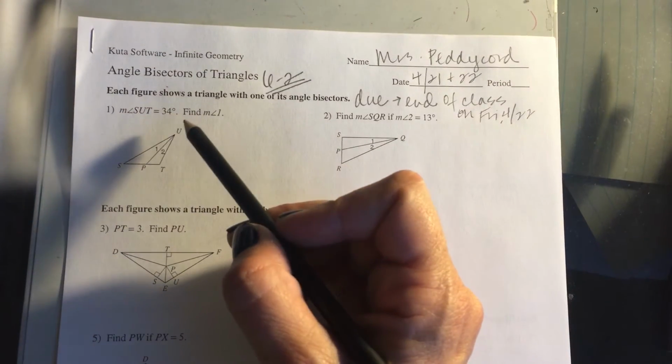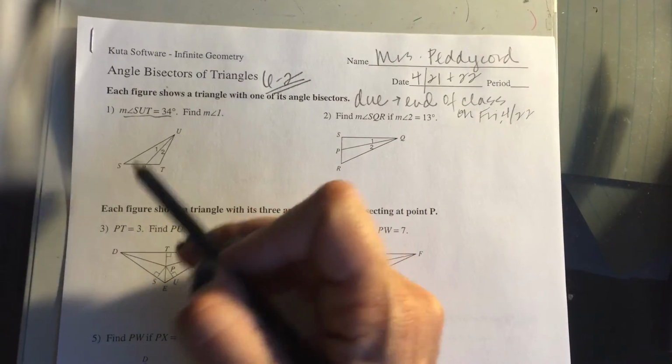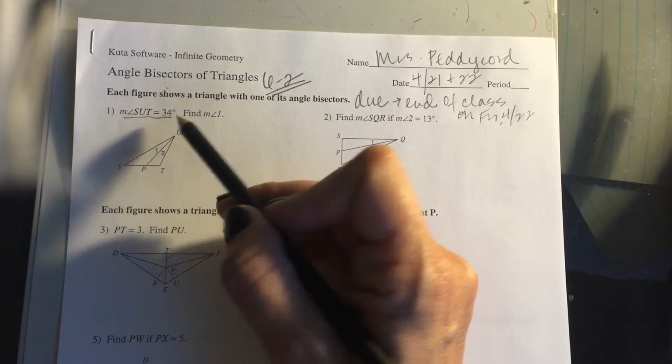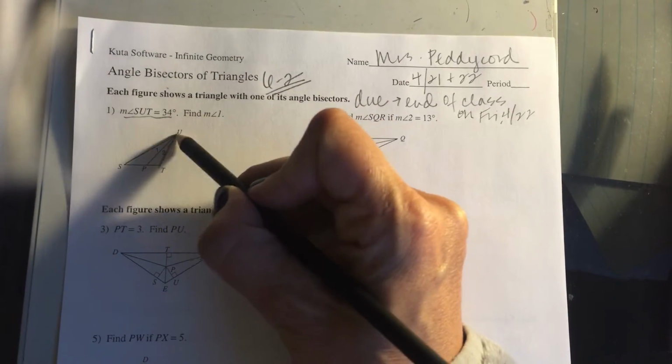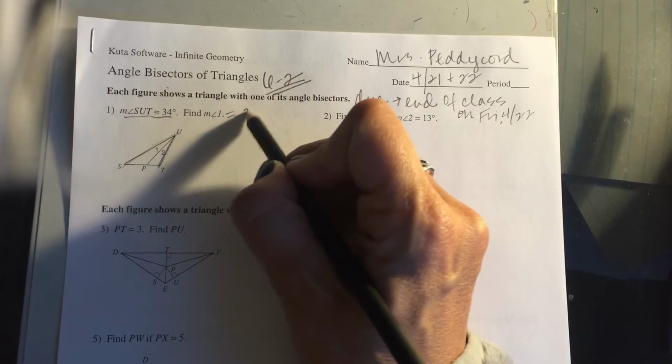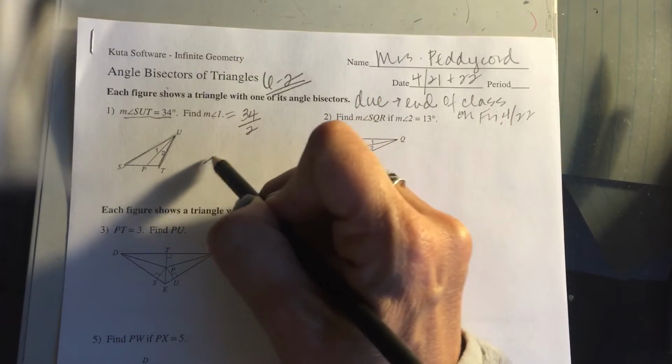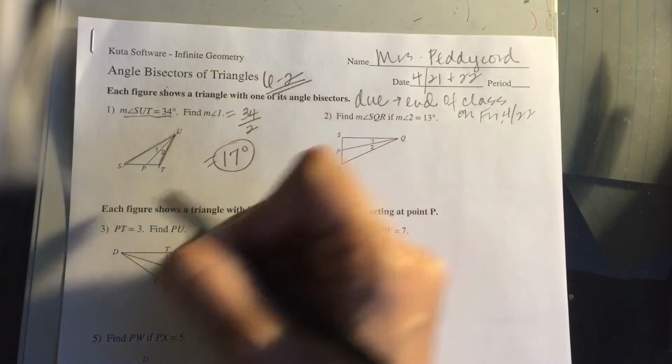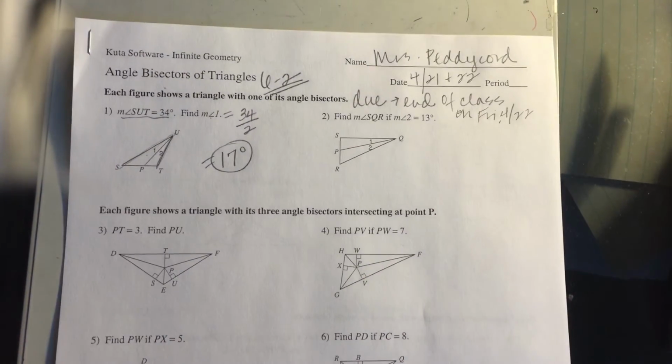Some of these are going to be really straightforward. They tell us that the measure of angle SUT is 34 degrees, so this entire angle is 34 degrees. If I'm going to find the measure of angle 1, I need to take 34 and divide it by 2, and that's going to tell me that angle 1 is 17 degrees. Angle 1 would be 17, angle 2 would be 17.